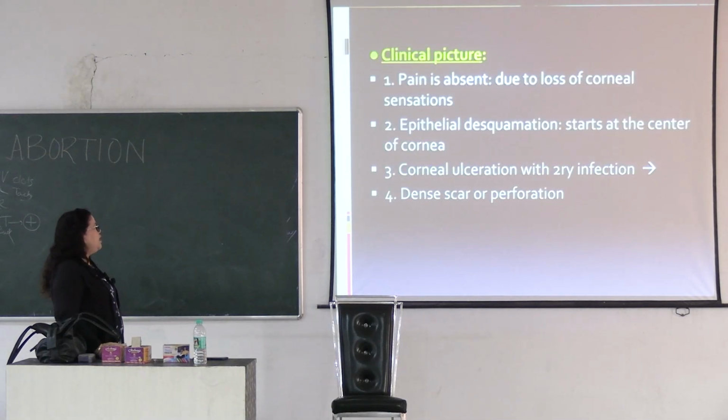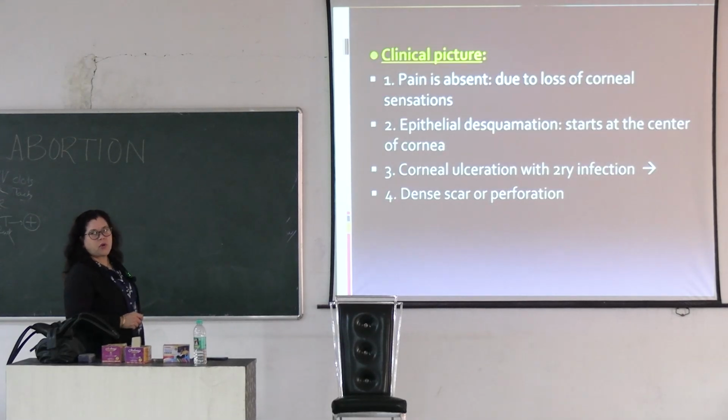Then clinical picture. Pain: is pain absent or present? Pain is absent in this case of neurotrophic keratitis because the nerves are damaged. So, there is a loss of corneal sensation, and the patient is not having any kind of pain.